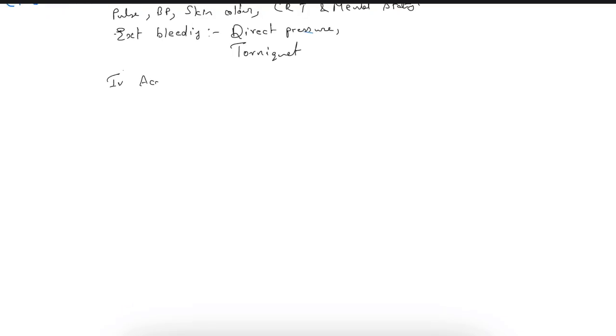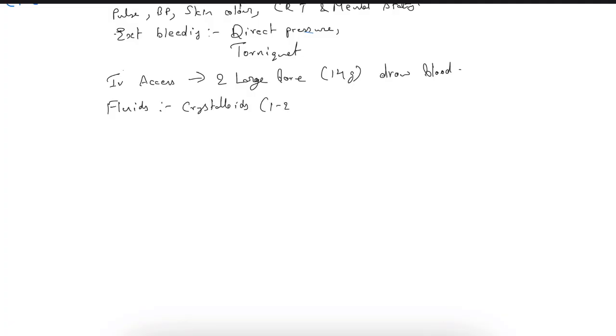Next, IV access. In IV access we have to place two large bore lines, like 15 gauge, to draw blood, and we have to give some fluids, like isotonic crystalloids, 1 to 2 liters.